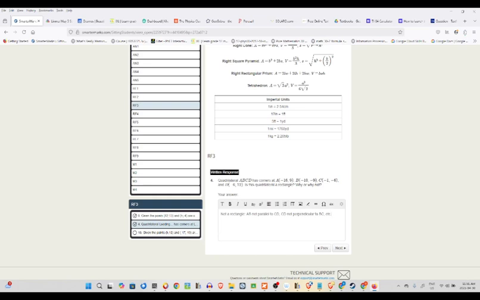Now, it is technically also possible, even though we haven't covered it in this course, to use our distance formula with the Pythagorean theorem and figure out what our distances are. And we will see that opposite sides are not the same length.